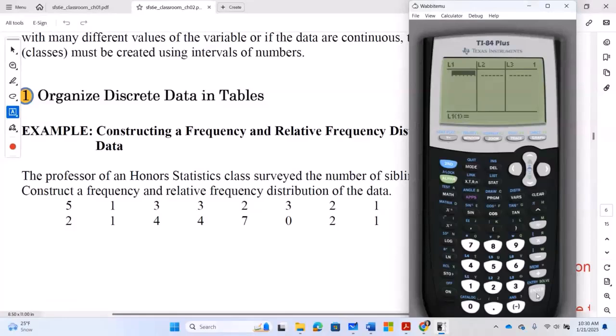I'm told to find the 5-number summary, so I put the data in. 5, 2, 1, 1, 3, 4, then column 3, column 4, 3, 4, column 5, 2, 7, column 6, 3, 0, column 8, 2, 2, column 9, 1, 1.